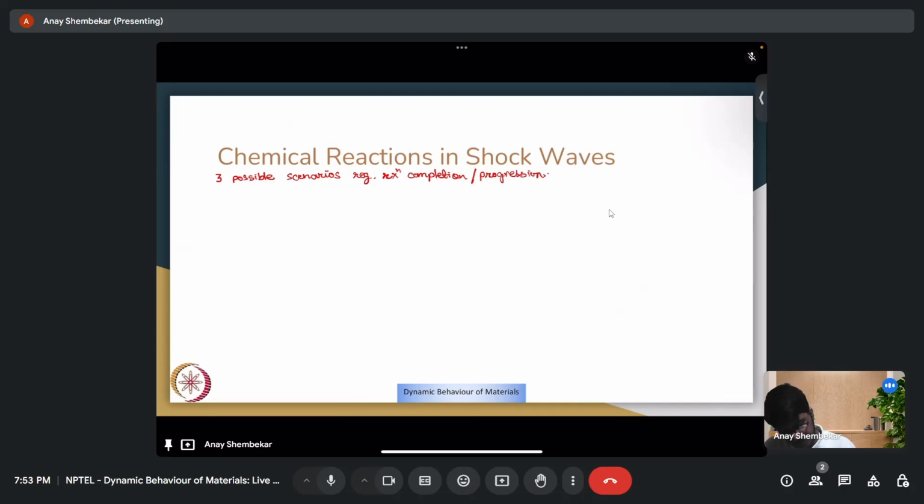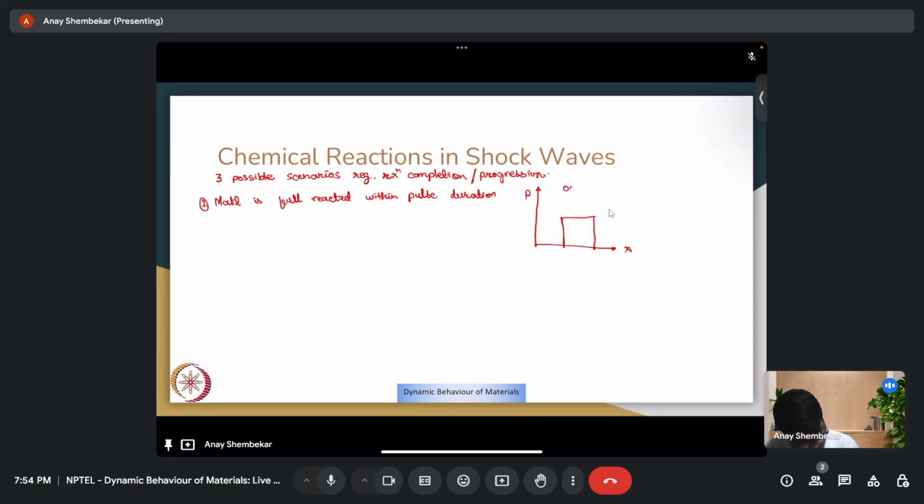So the first is material is fully reacted within pulse duration. An example of the same would be this is my pulse duration.